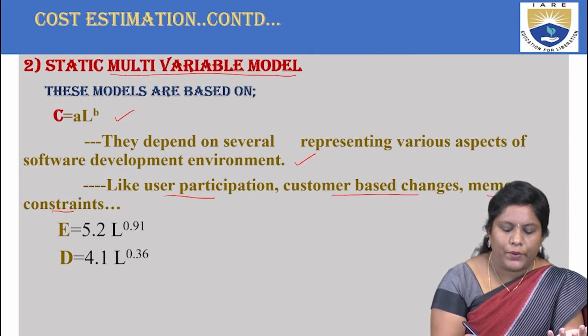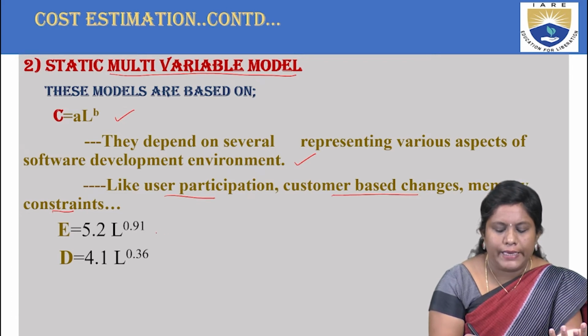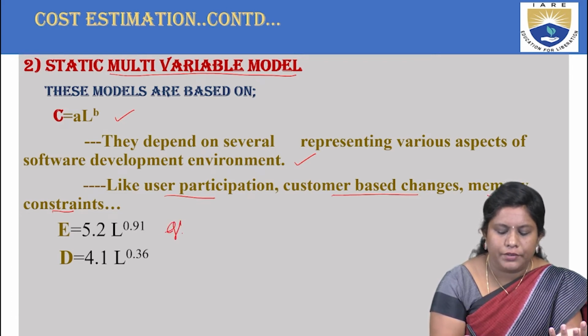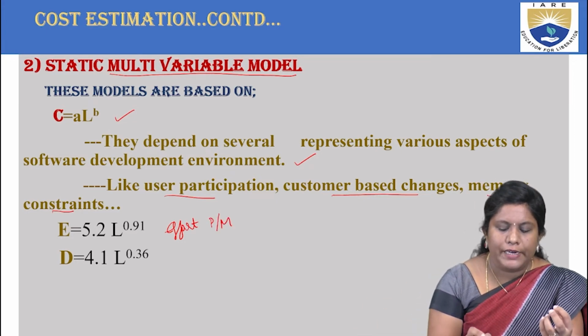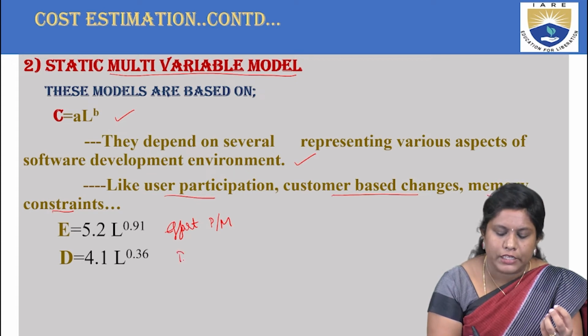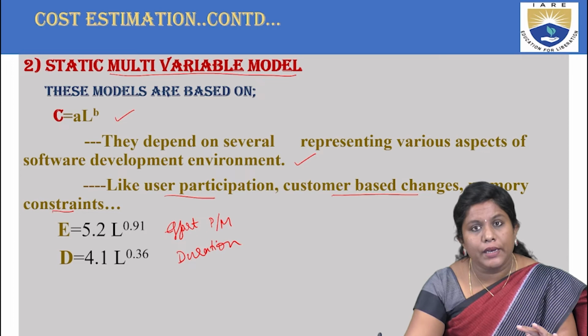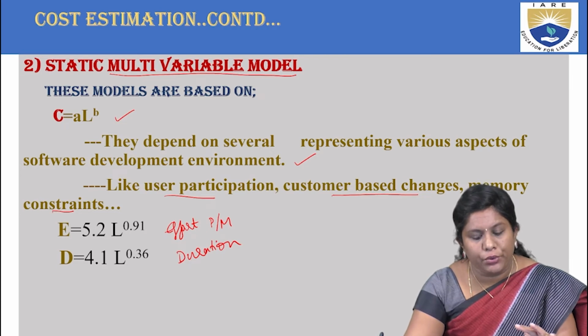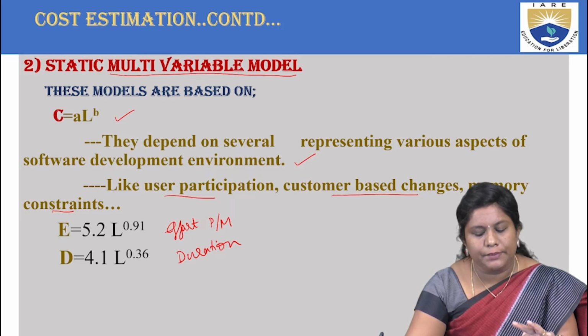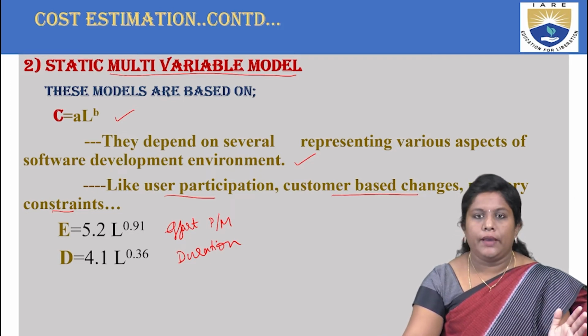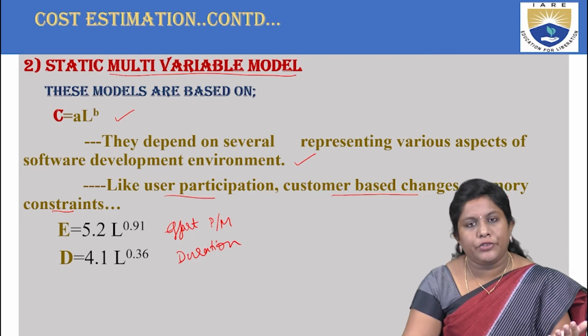And to calculate the effort, all of us know E is nothing but the effort per P by M, that is persons per month. And then you have D, that stands for duration. And here E is nothing but 5.2 cross L to the power of 0.91. So you are supposed to calculate the L, and D is nothing but the duration, 4.1 into L to the power of 0.36.